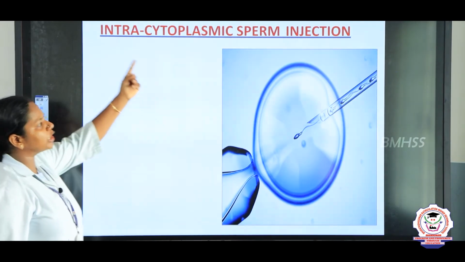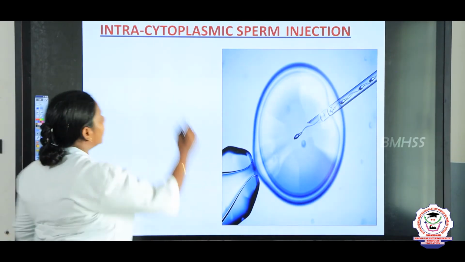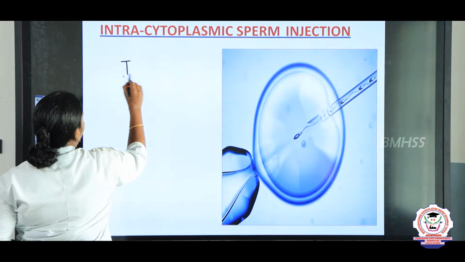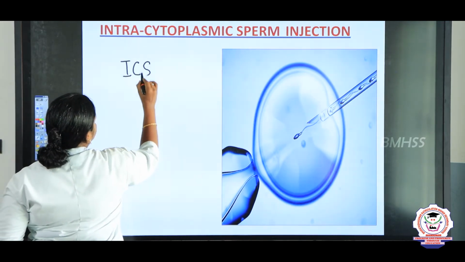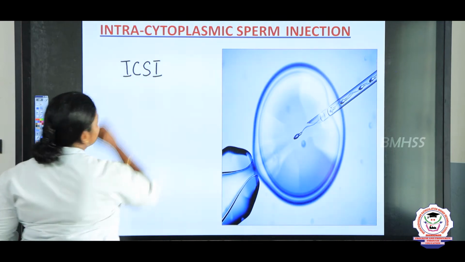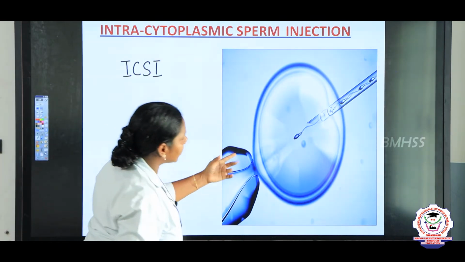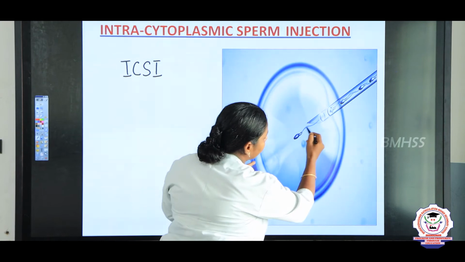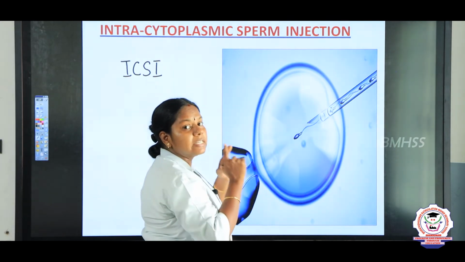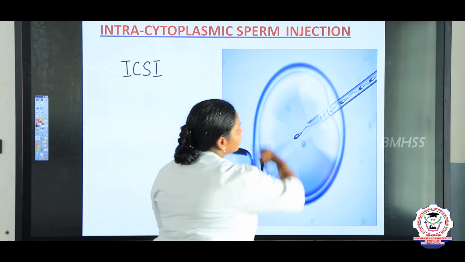Next, intracytoplasmic sperm injection. In short, we can write this as ICSI. Just look into this picture, children. Here they are directly injecting a single sperm into the cytoplasm of the egg.